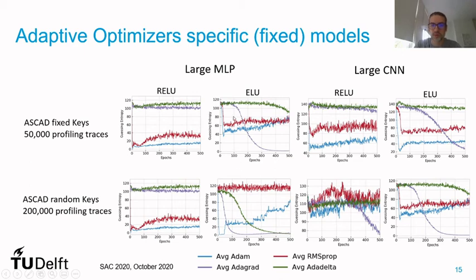But what we observed in this case is that for large models and large data sets, which is the case of ASCAD random keys, ADA-grad behaves quite well. The convergence can be very fast. You see that before 100 epochs it is already very low, and the overfitting almost doesn't happen.